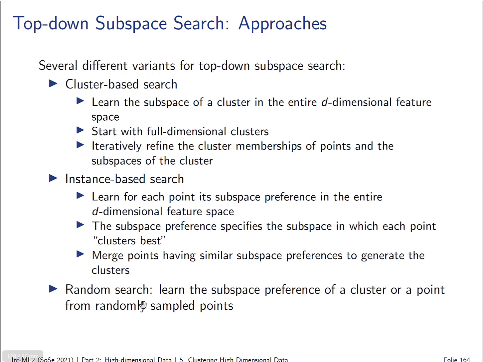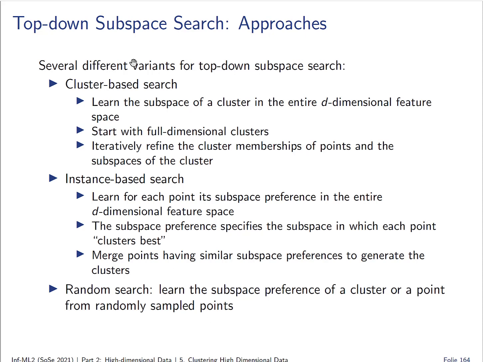And the third one is a random search for relevant subspaces, some kind of sampling approach. It could be random sampling or more intelligent sampling, but typically it's random sampling or different random sampling strategies, Monte Carlo, whatever. These algorithms try to learn the subspace preference of clusters, like in the first part, or of points, from randomly sampled points.